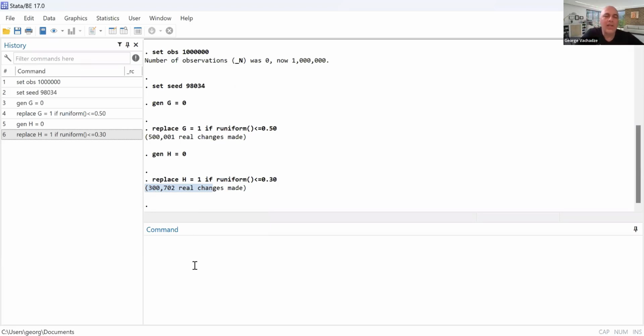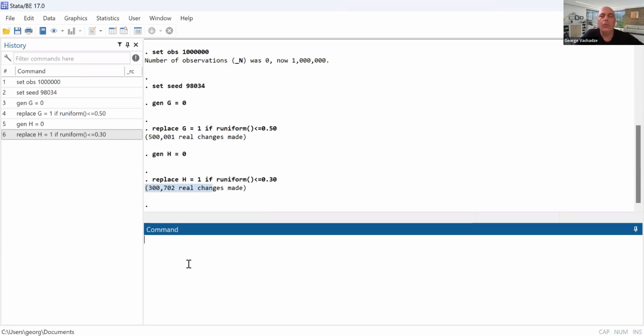All right, next step, we want to find out the probability that a student takes both classes. So I will generate a new random variable, which I call g and h, and that would be g times h.